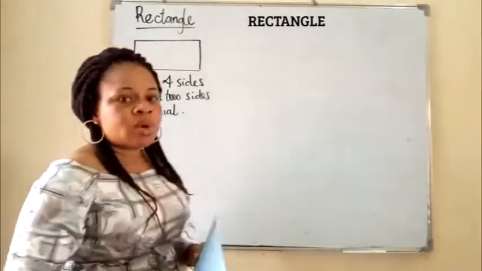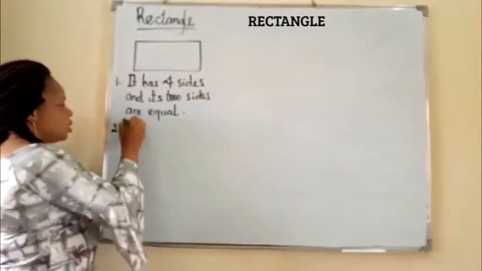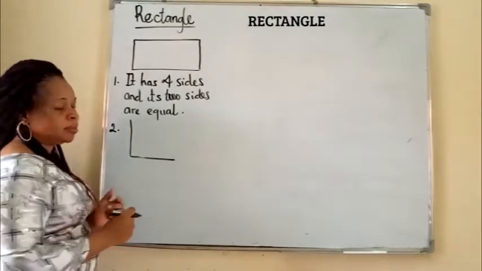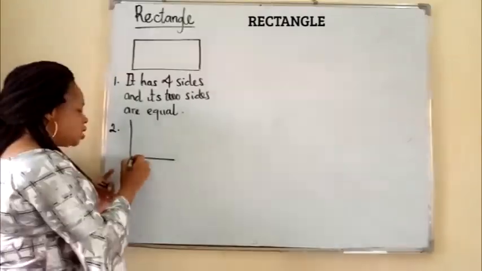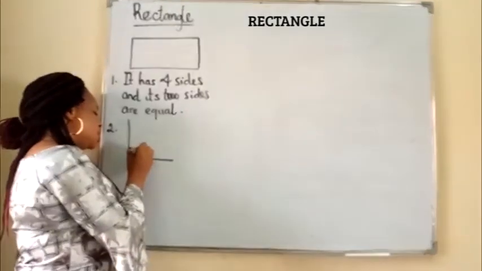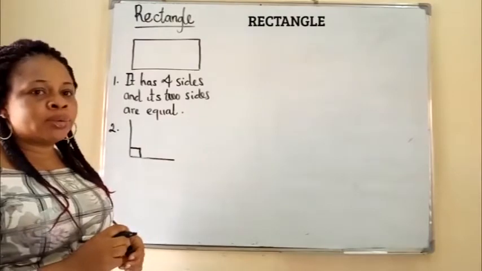Another thing we know about a rectangle is there is a vertical line and a horizontal line. And whenever a vertical line meets with a horizontal line, it produces an angle called a right angle.